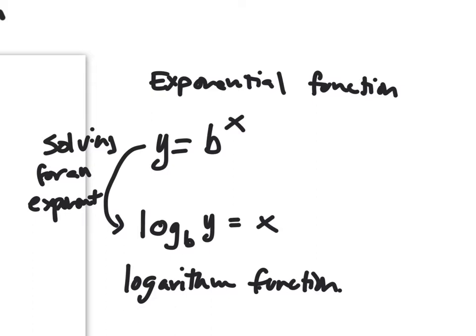That's how I have to think about it. Whatever you want to do is fine. But I just go, okay, here I have y equals b to the x. x is an exponent, so I need to solve for that. I need to get it by itself. So whenever I have an exponential function and I rewrite it as a log, I say x is equal to log base b, where b is your base, of y.